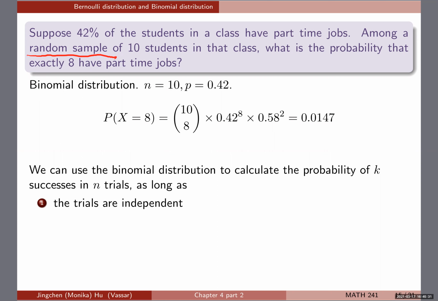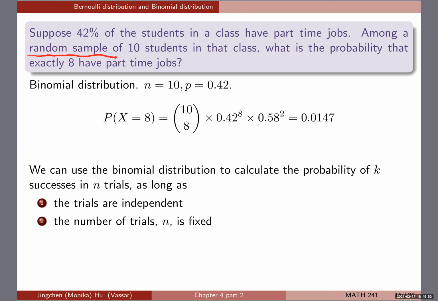So that is probably satisfied. B, the number of trials n is fixed. Because we're looking at the number of students out of 10 students having part-time jobs, n is 10 in this case, and it is indeed fixed for this particular question.